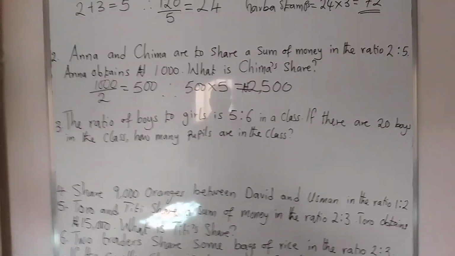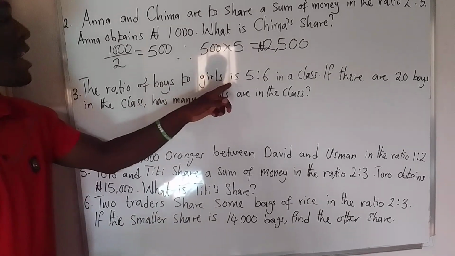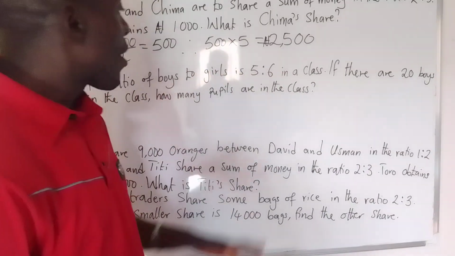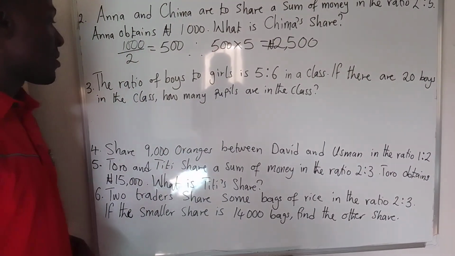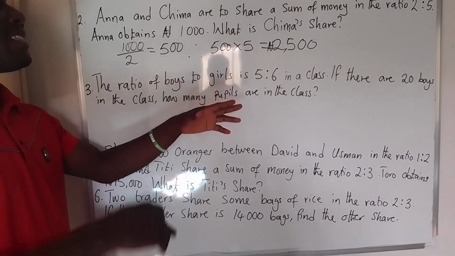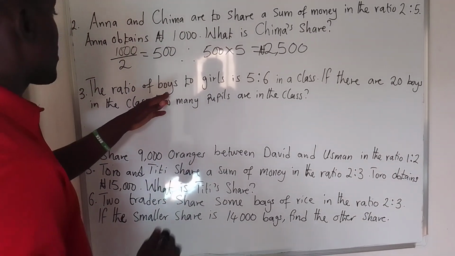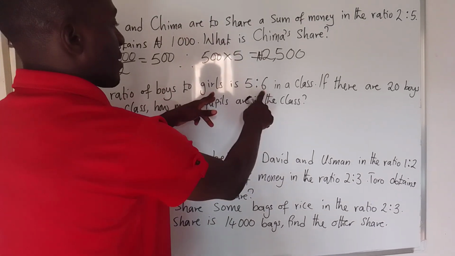Okay, look at number 3, which says the ratio of boys to girls is 5:6 in a class. If there are 20 boys in the class, how many pupils are in the class? Now, the boys have 5 ratio and the girls have 6.